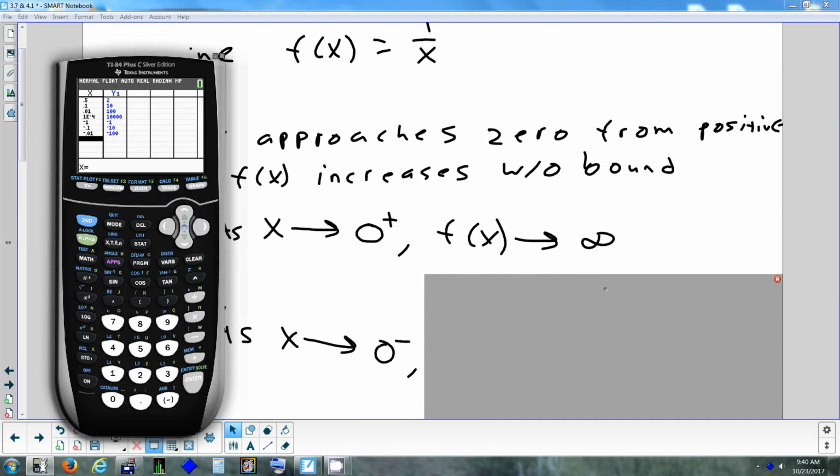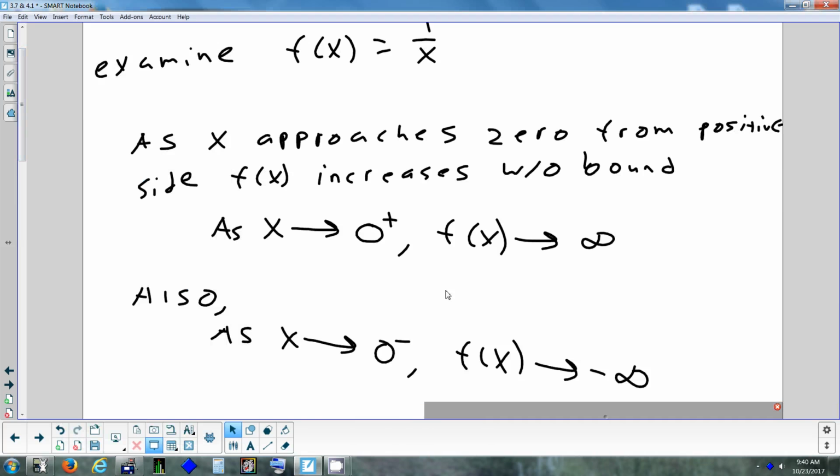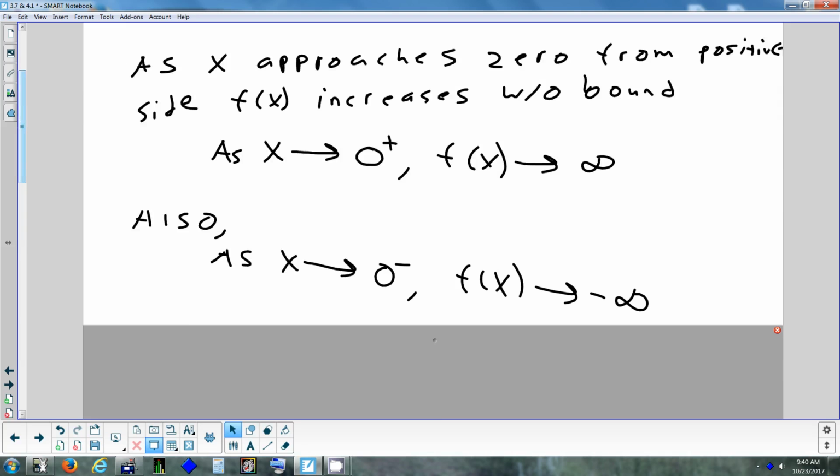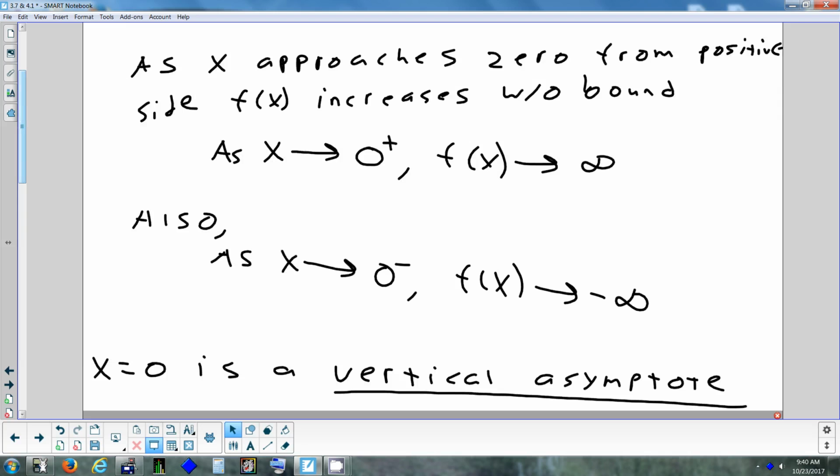What's y approaching? Negative infinity. It's dropping down. And anytime that happens, where you have a value approaching infinity on one side or negative infinity on the other, or sometimes both sides go to infinity, that can happen too, that's called a vertical asymptote.